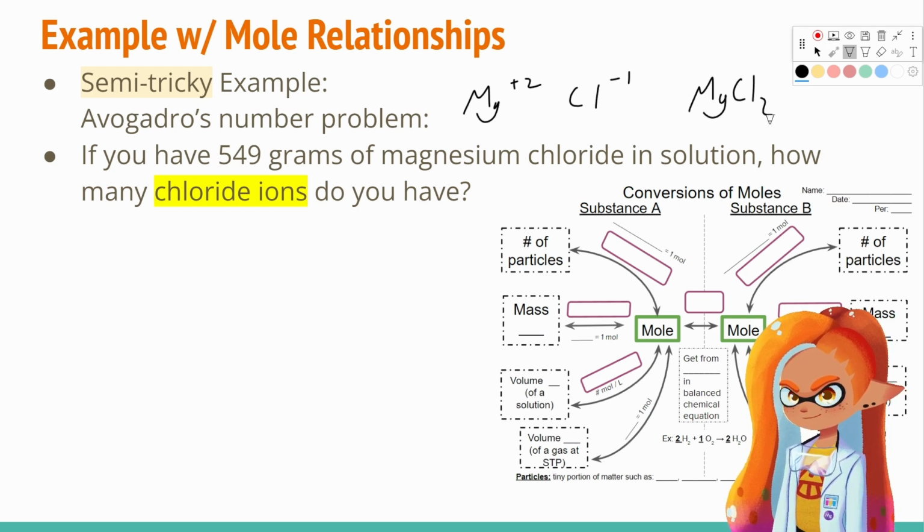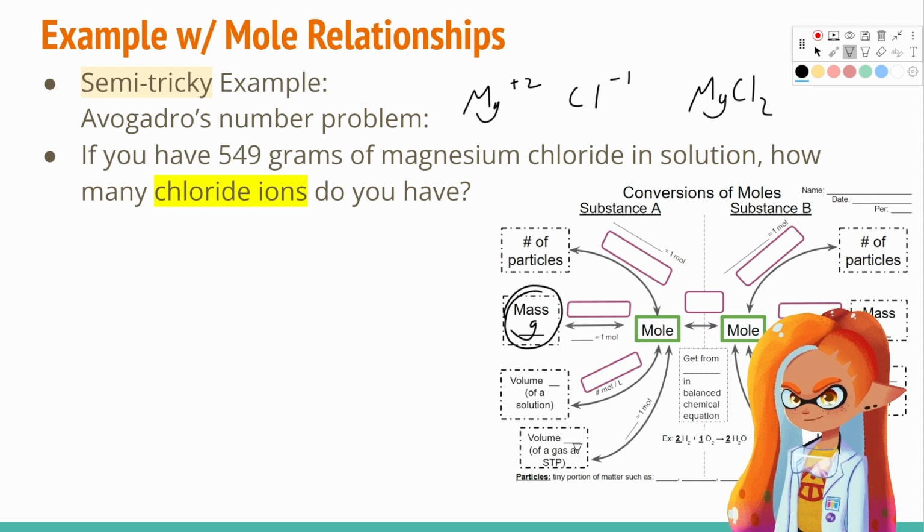Cool. Okay, so now I have the grams of magnesium chloride, so that means I am currently here, grams of magnesium chloride. I need to find the molar mass in order to calculate from mass to moles. And so I use my periodic table for that.